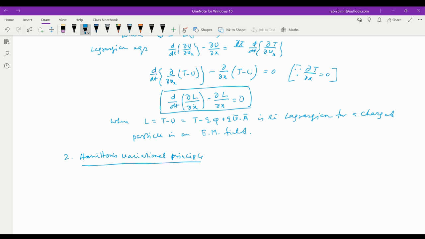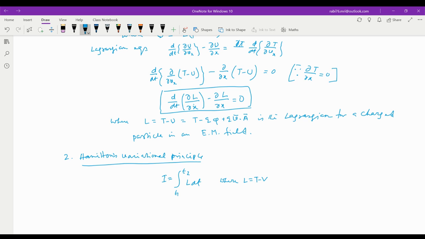This principle states that the motion of the system from time t1 to time t2 is such that the integral I, integration from t1 to t2 of L dt, where L is the Lagrangian, T minus V, has a stationary value for the correct path of motion.